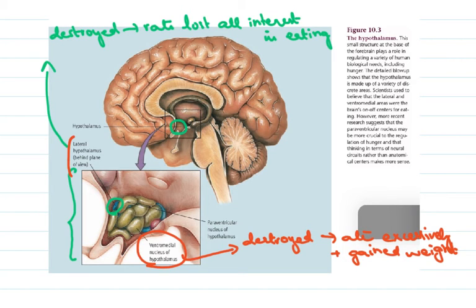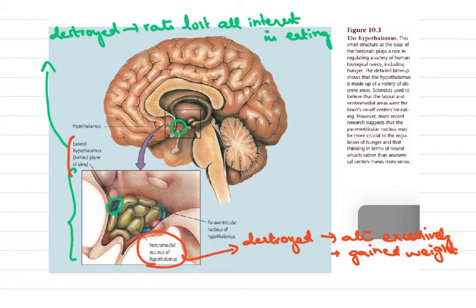But further research has complicated this and showed that there's not one factor at play. We can't completely say that the hypothalamus is all that is crucial in the regulation of hunger. There are so many other factors involved as well.